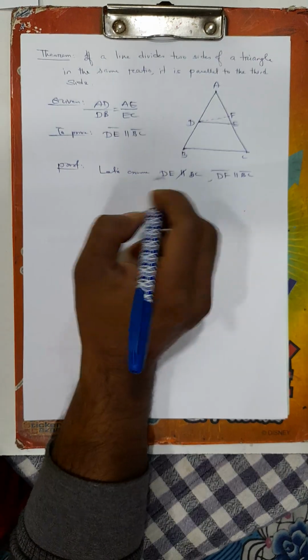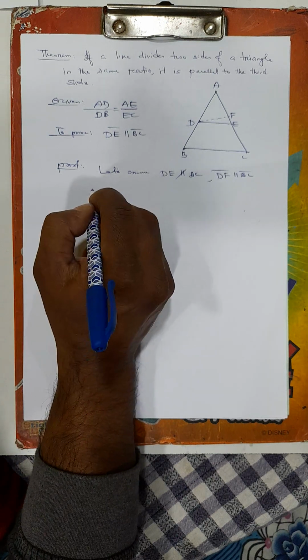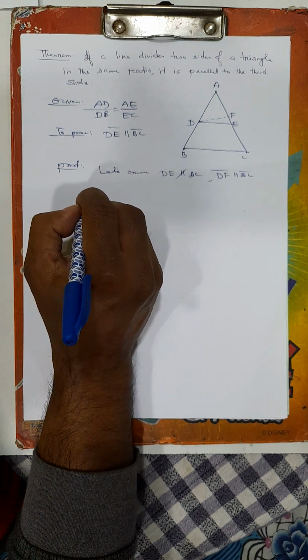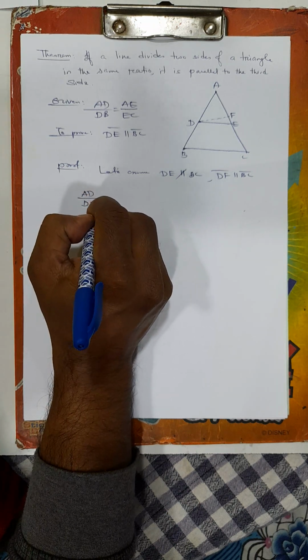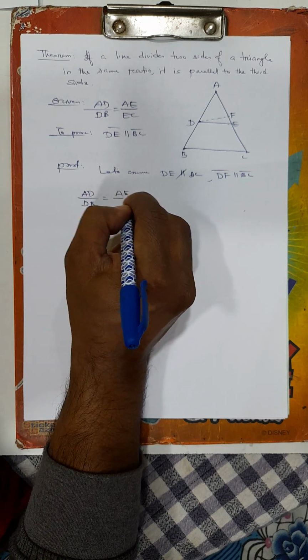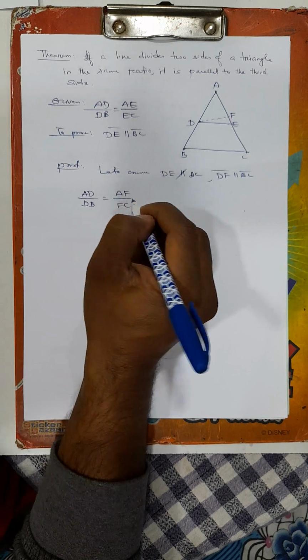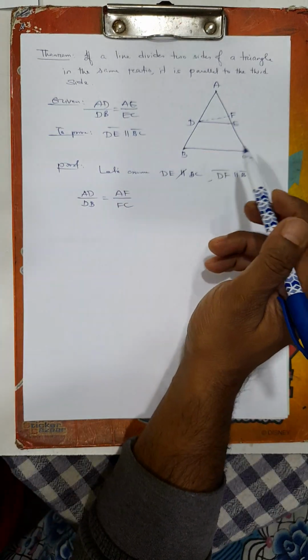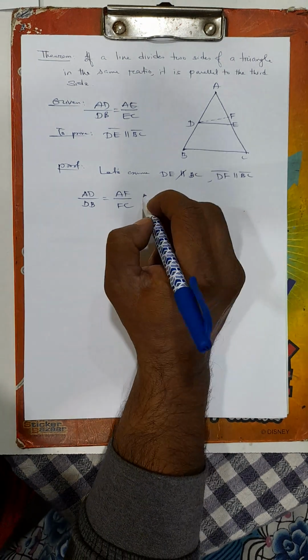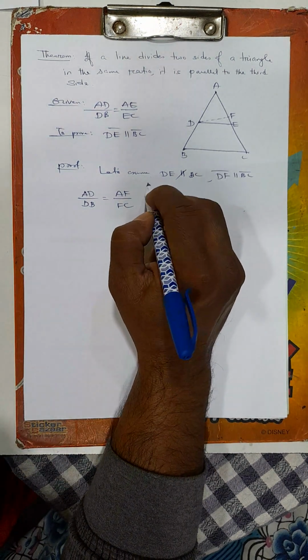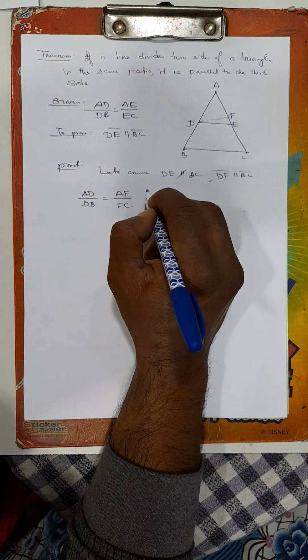We are assuming this, right? So if DF parallel to BC, then AD by DB equals AF by FC. Why? A line parallel to one side of a triangle divides the other two sides in the same ratio. This is by the earlier theorem.